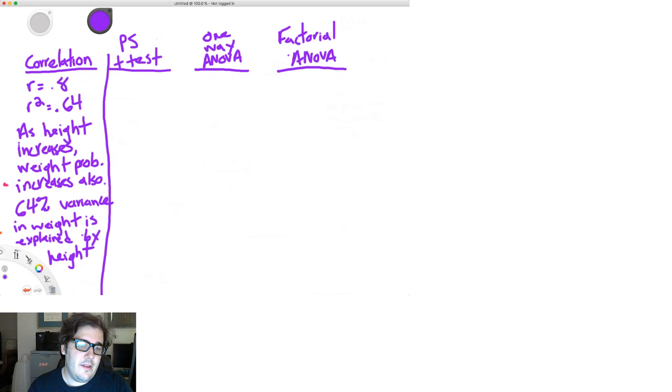So that's how you would put the effect size into common language. 0.64 effect size, 0.64 r squared, says that 64% of the variability you see in weight is explained by height, by your x. So that's how you would put a correlation into conventional English.